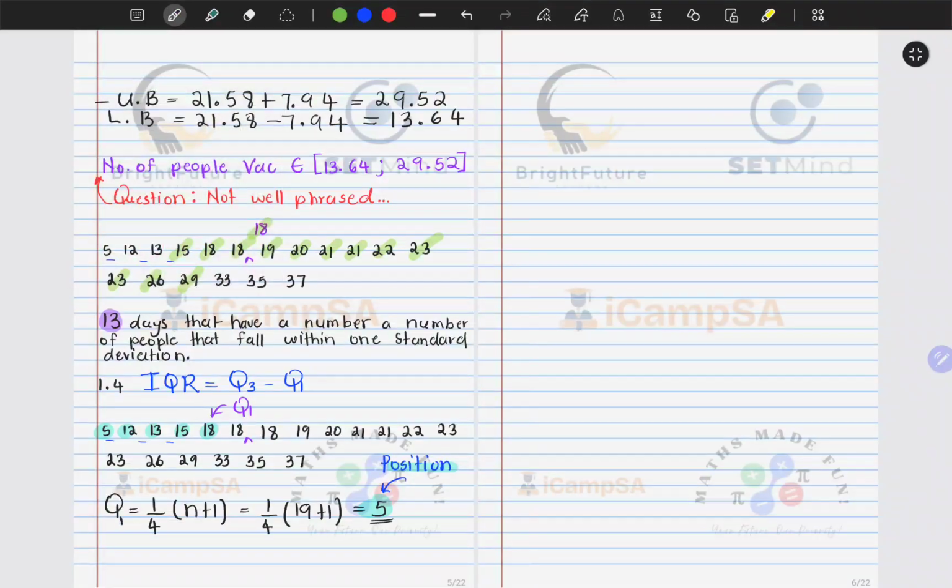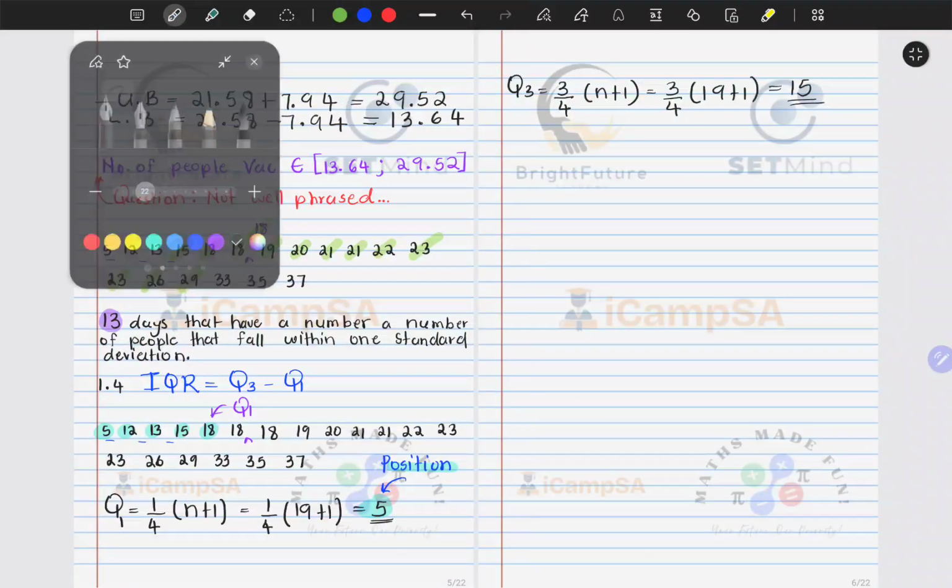Let's go and find our Q3. If you remember, it's 3 over 4 into n plus 1. So this is going to be 3 over 4 into 19 plus 1. That's 20 over 4, which is going to be 5, then times by 3, that's going to be 15.